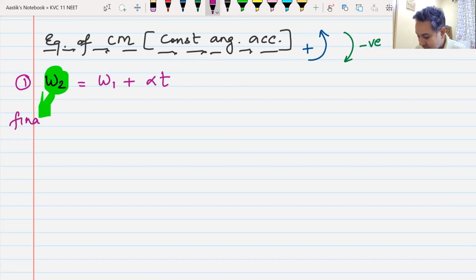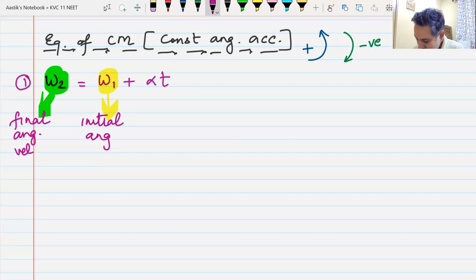It is the final angular velocity. What is omega 1? Initial angular velocity. Alpha is your angular acceleration and t is your time.